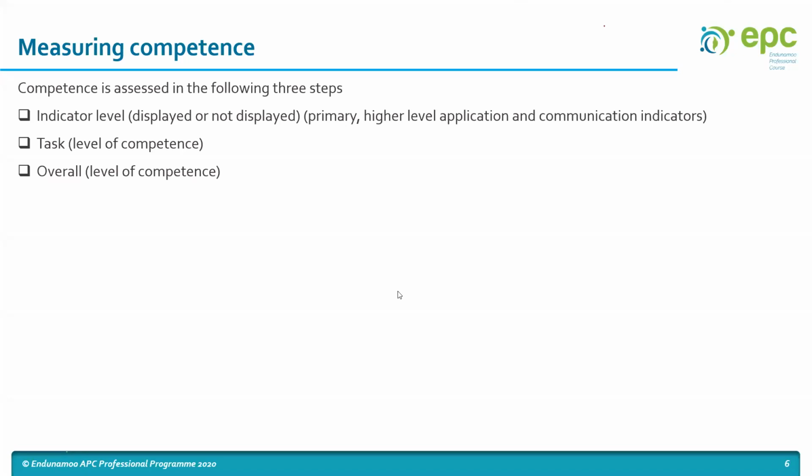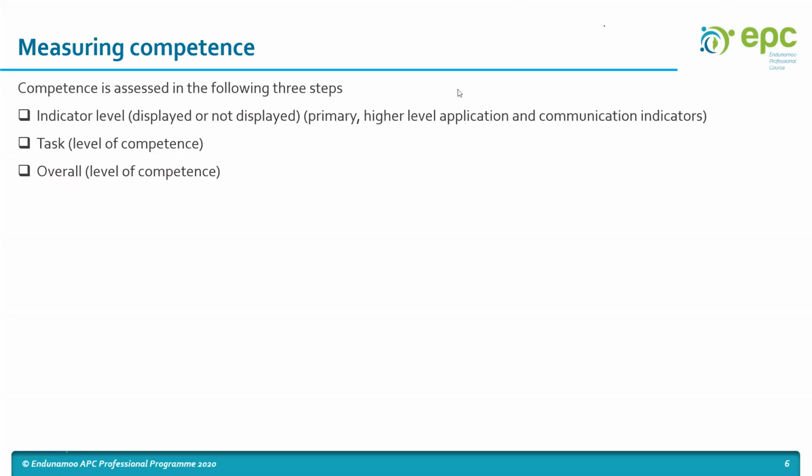So in doing that, a marker can get to competent, highly competent, borderline competent, or limited competent. I'll come back to that overall. And then they go into each task.